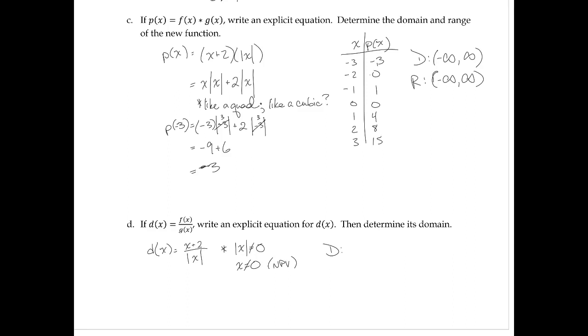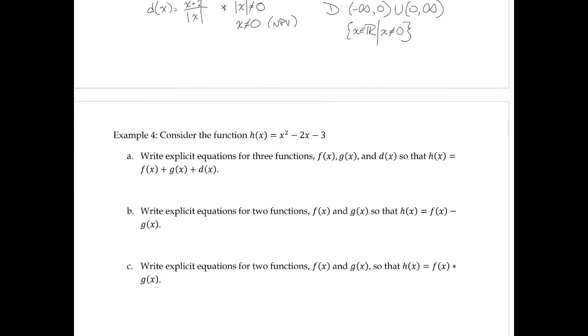So my only restriction is this non-permissible value. So it's going to be from negative infinity to 0, united with 0 to positive infinity, just not including 0. Again, if you're defaulting to set notation, this would be written as x is an element of the reals, but x cannot be 0. Whichever you prefer.